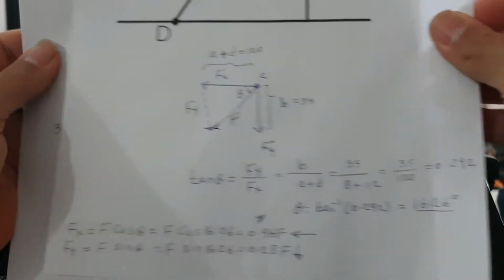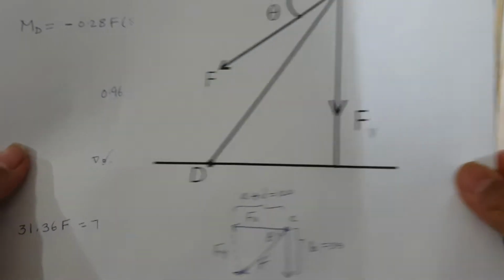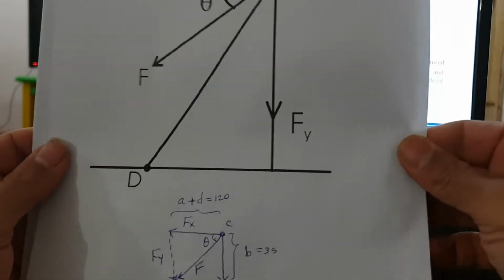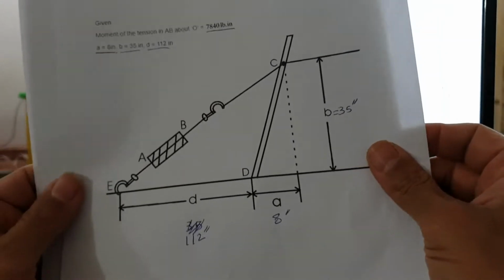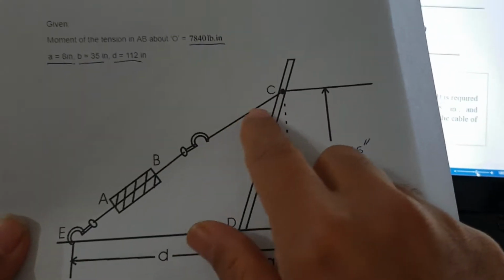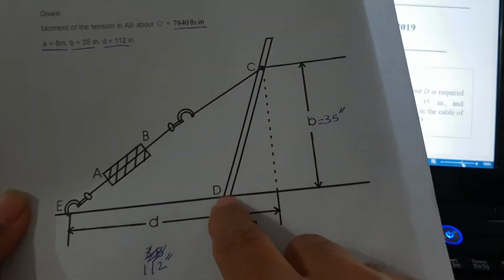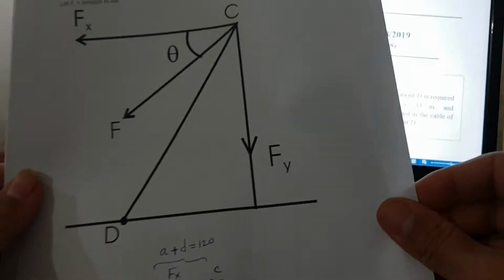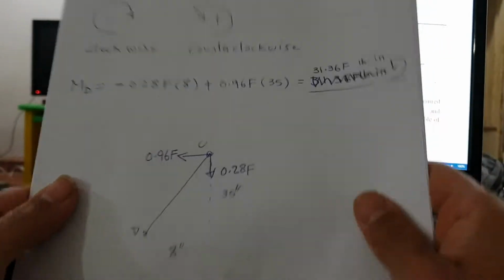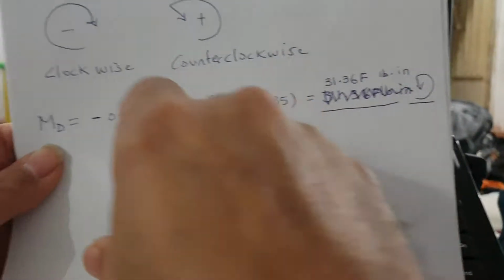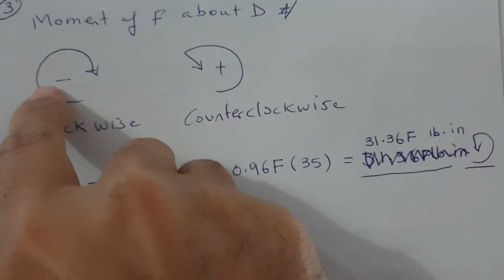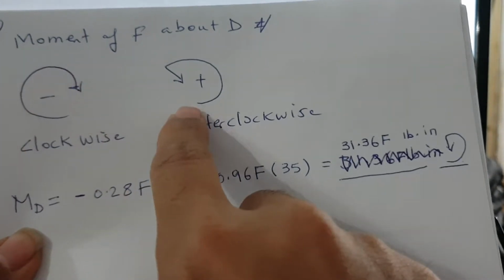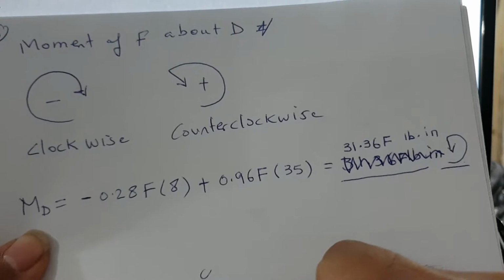Let's go ahead and look at the moment. Now we have the forces in the x and in the y, but we have this moment. Remember, we're going to assume that if the moment goes clockwise, it's negative, and if it's going counterclockwise, it's positive.